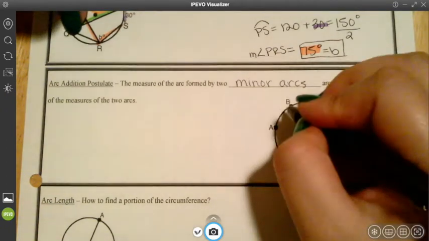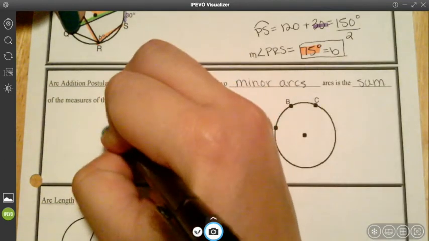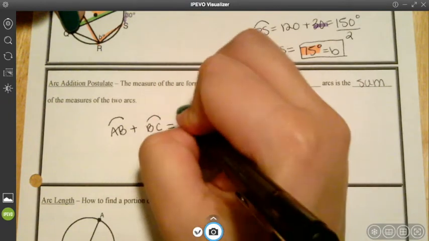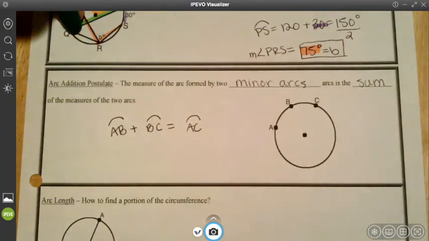So we can say arc AB plus arc BC equals arc AC. Just like we had for angles and segments, we can do the same thing with arcs.